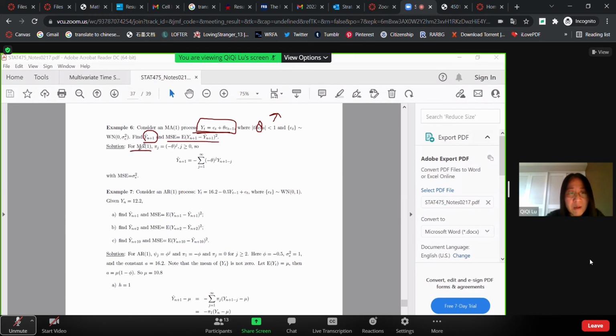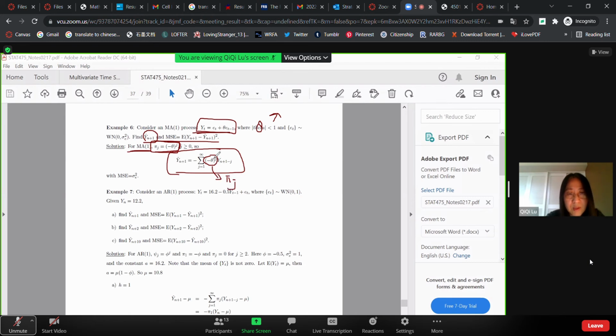So for MA1, if you look at the notes, you have this one right here. So the pi j is given for MA1. So that's just negative theta to the power j. Okay, and then one step ahead, you just need to replace, this is the pi j, so negative theta to the power j.